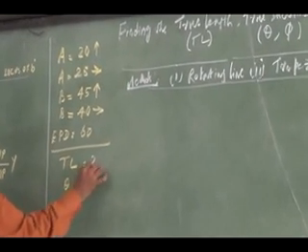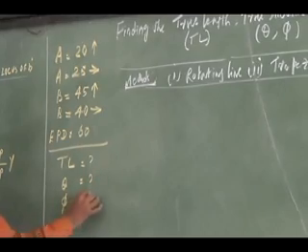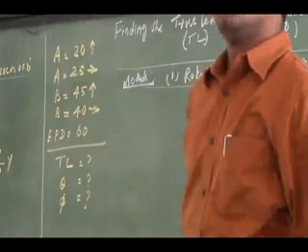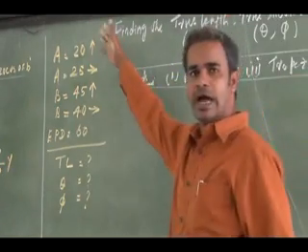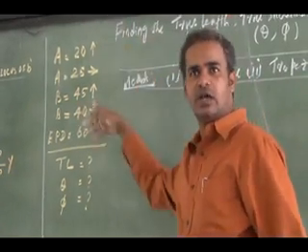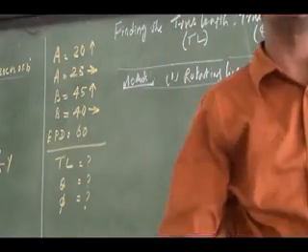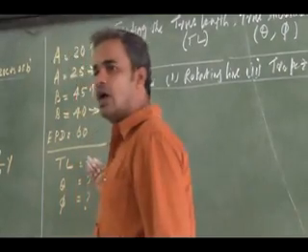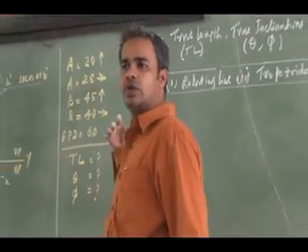So I have to find the true length, theta, and phi. As I told in the earlier lecture, you will be given 5 data, you are asked to draw the projection and to find out some missed out data. So here I have to find the true length and the true inclinations.